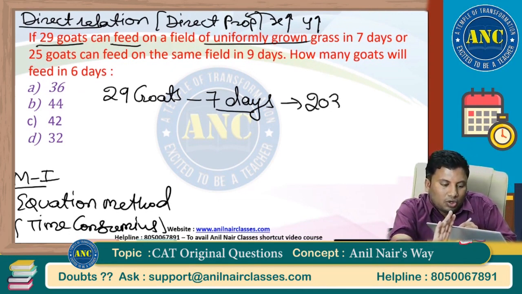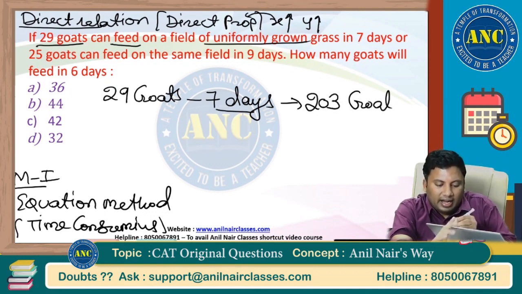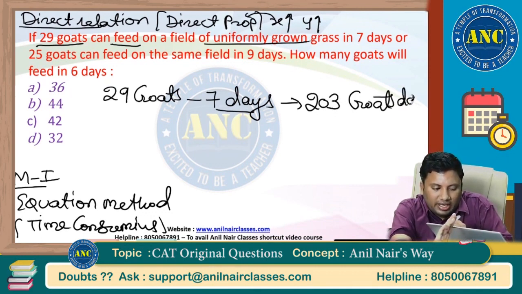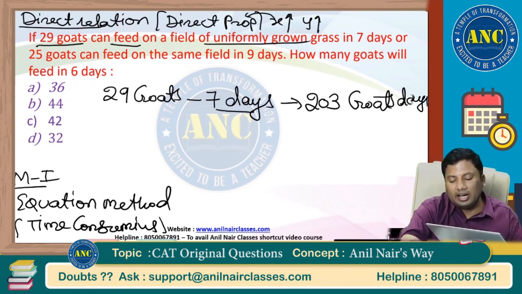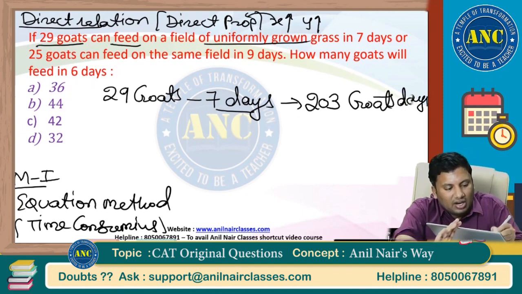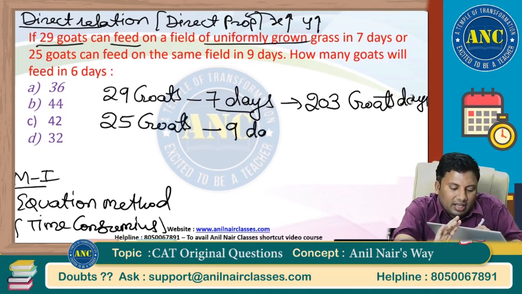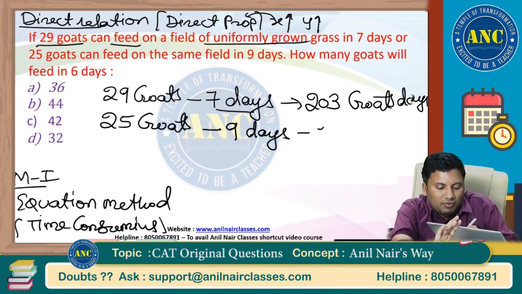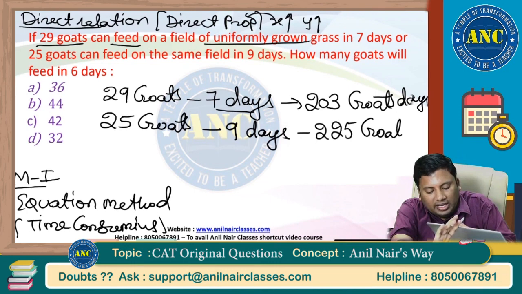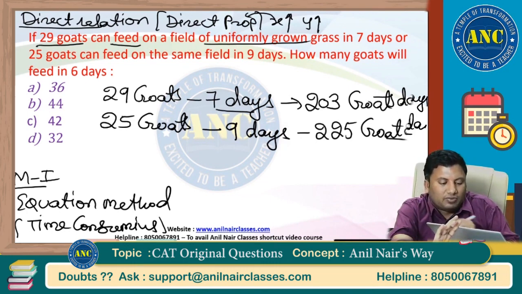That means totally in 7 days, 203 goat days work is done. 25 goats can feed on the same field in 9 days, which is nothing but 225 goat days work done.